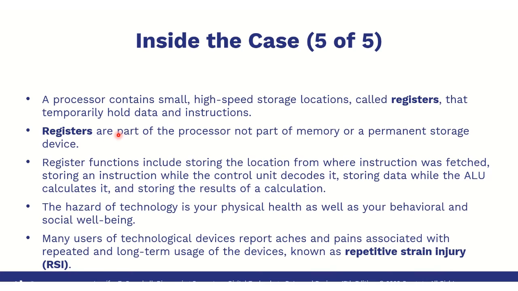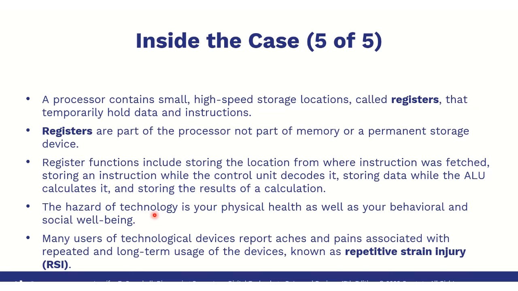Registers are part of the processor, not part of memory or a permanent storage device. Register functions include storing the location from where an instruction was fetched, storing an instruction while the control unit decodes it, storing the data while the ALU calculates it, and storing the results of a calculation.